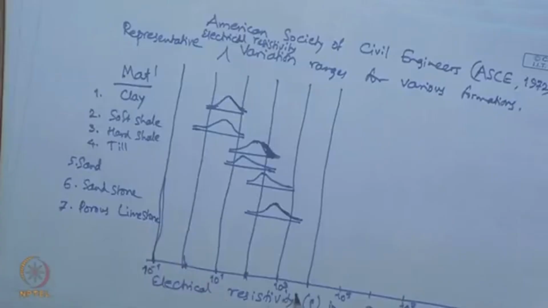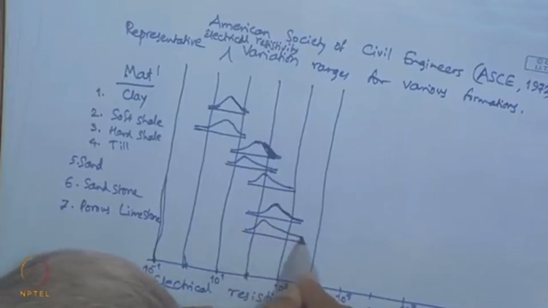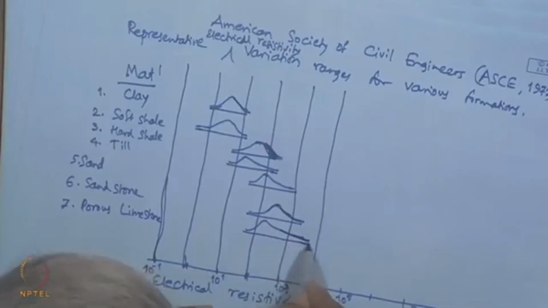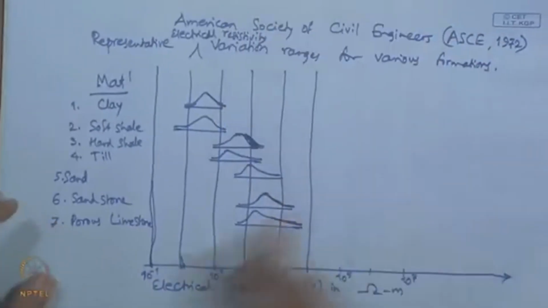Porous limestone also has a mode value of the electrical resistivity, only it is skewed to the left.